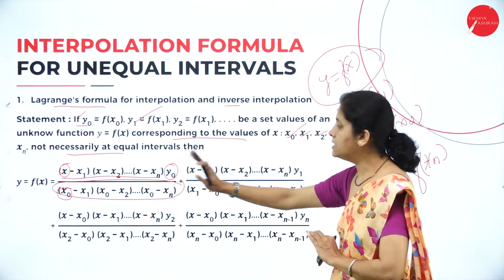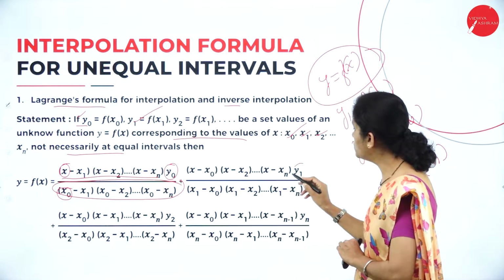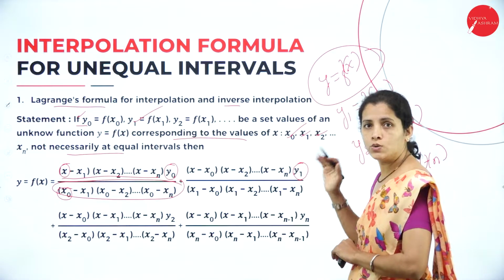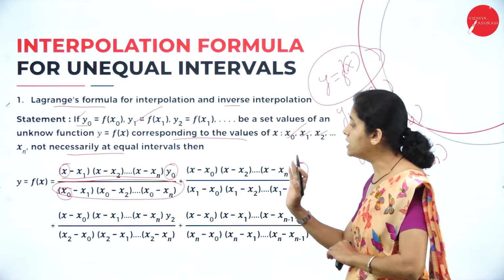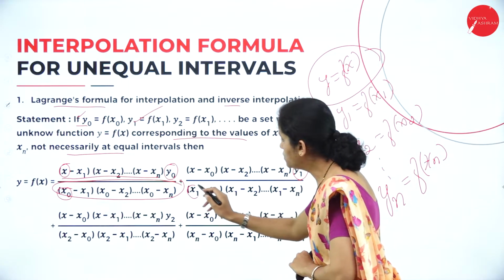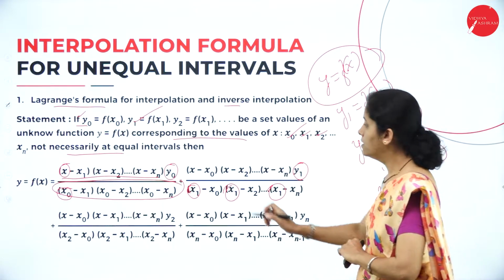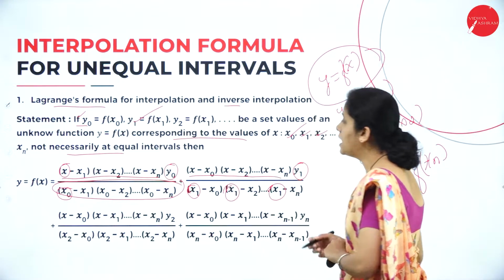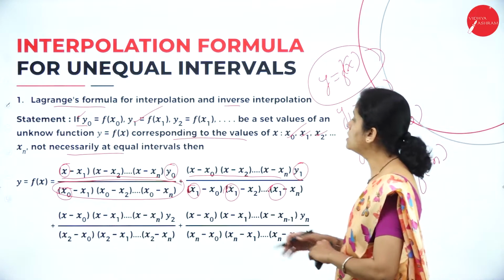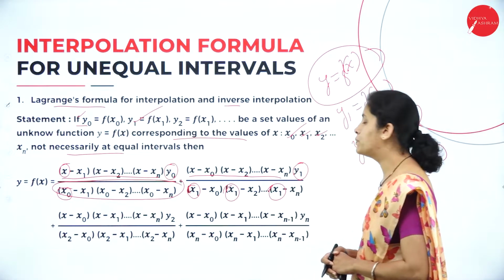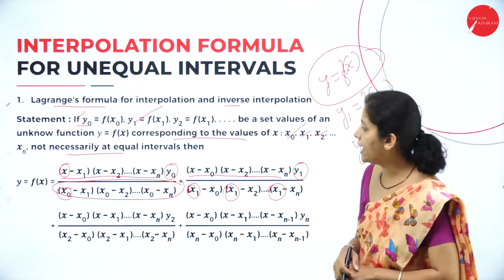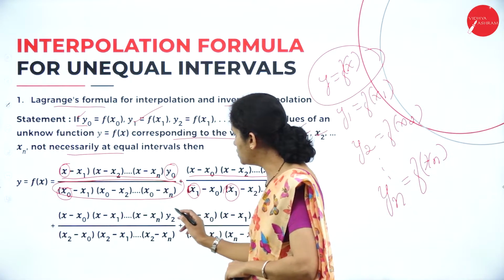And if I consider the second part, it is y1. When it is y1, I want to consider x1, so except x1, I'm going to form the formula: x minus x naught, x minus x2 up to x minus xn. Now it is y2.